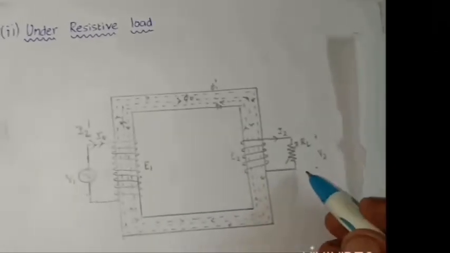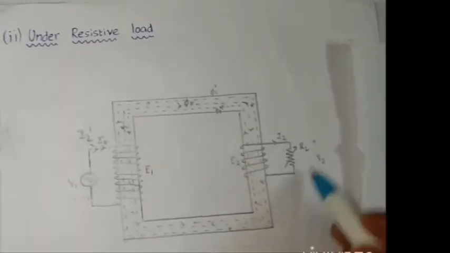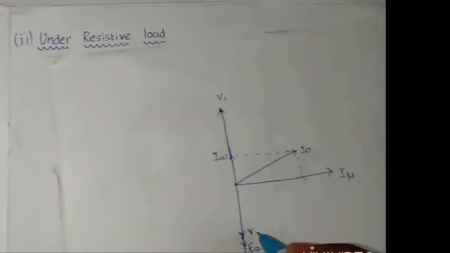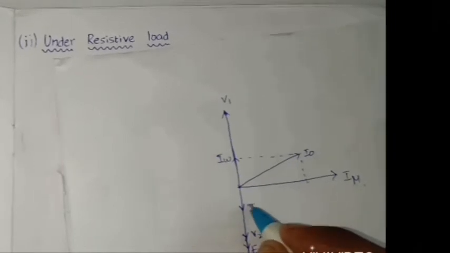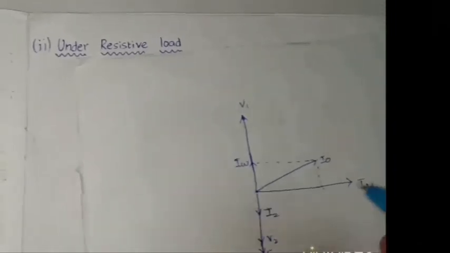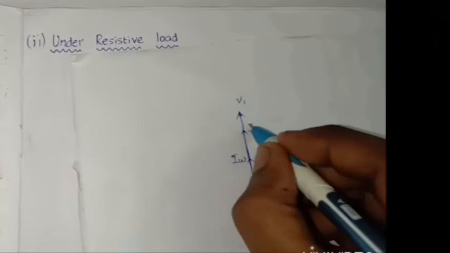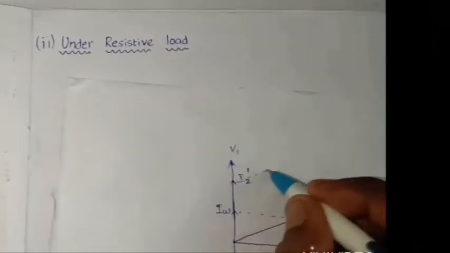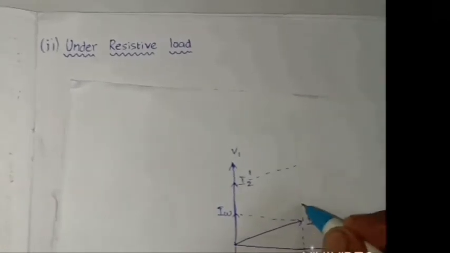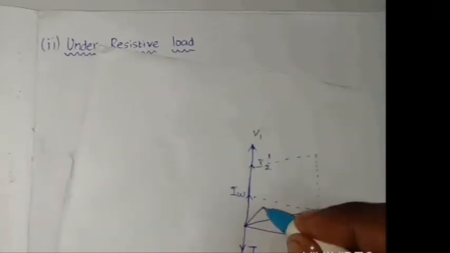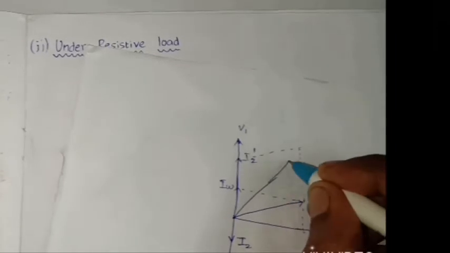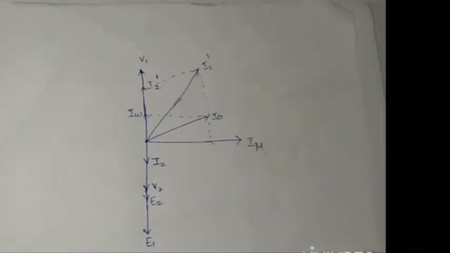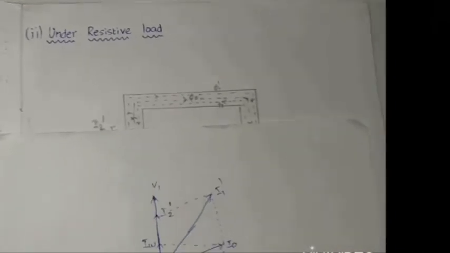As this is a resistive load, a current I2 passes through this load which is in the same phase as V2. I2 is opposite in phase with V1. So I2 dash. The resultant current produced is I1. This is the phasor diagram for a hypothetical transformer under resistive load.